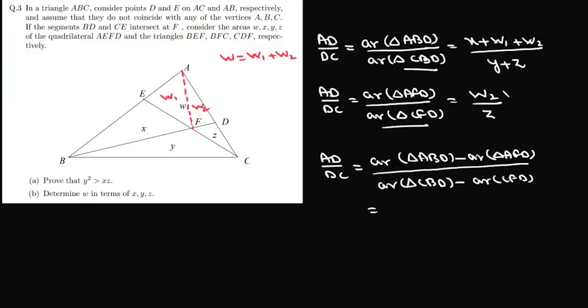So basically it will be equal to X plus W1 plus W2 minus W2, so X plus W1 upon, and here it will be Y plus Z minus Z, so there will be simply Y.